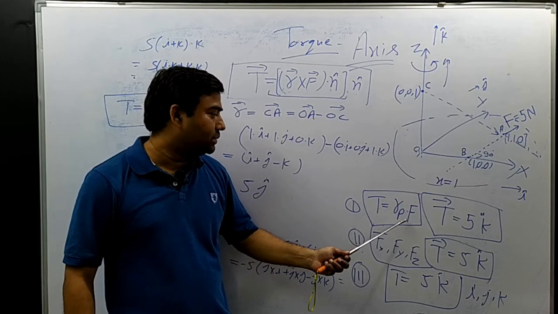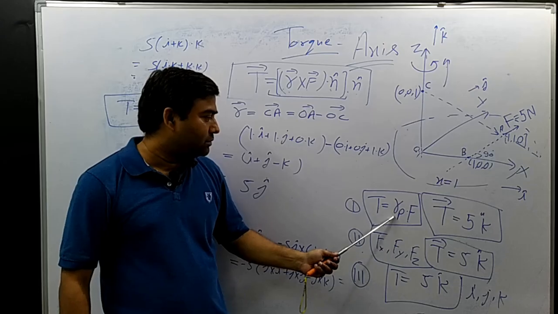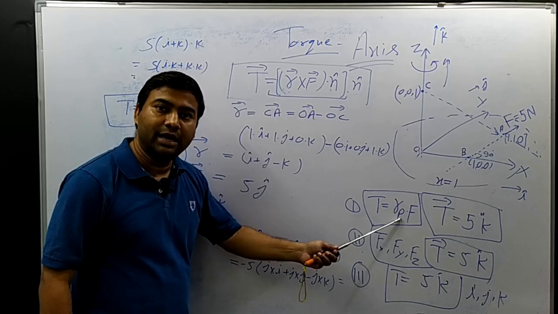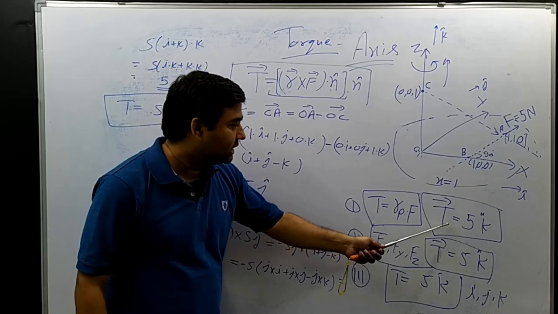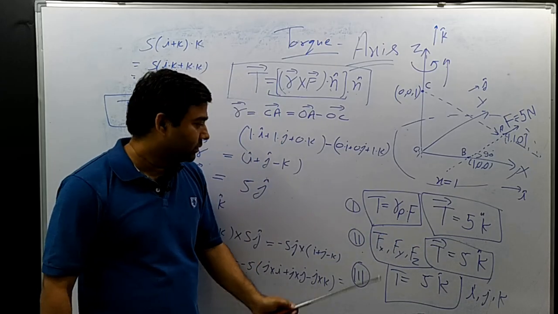That is, torque is equal to Rp into F, where Rp is the perpendicular distance between axis and force. So by this you will get torque equal to 5k.